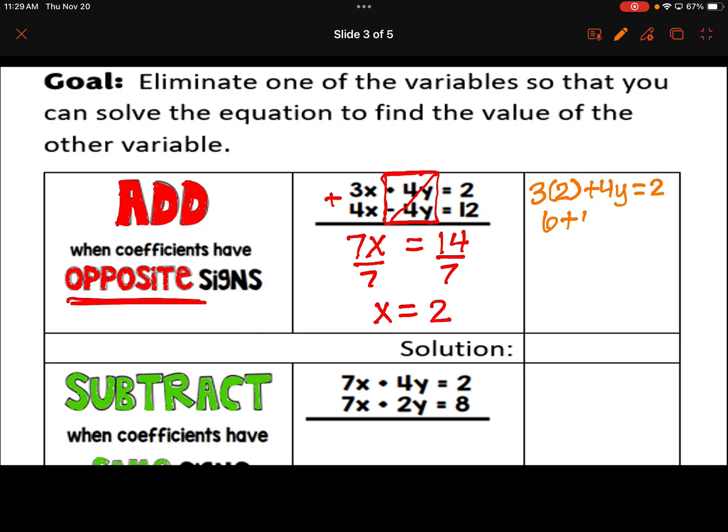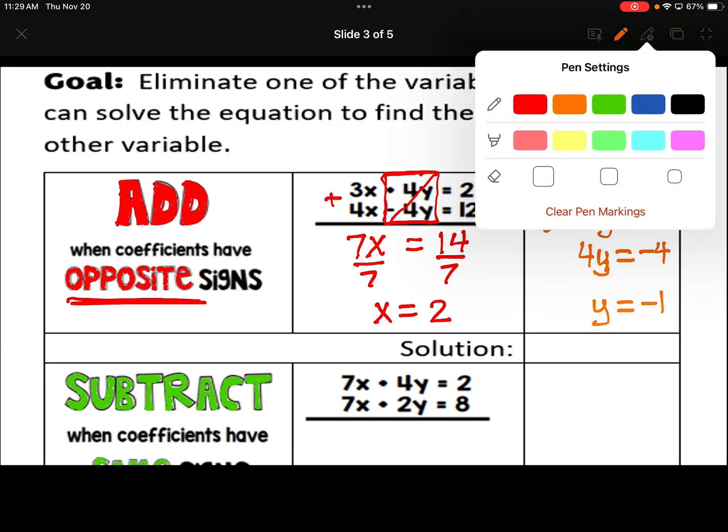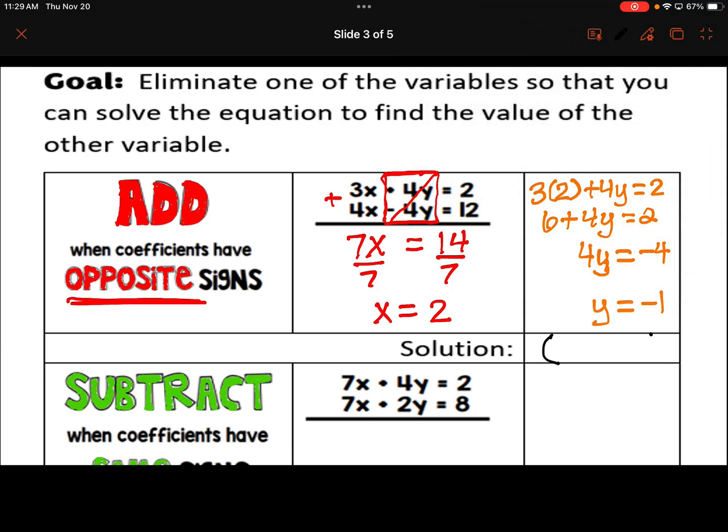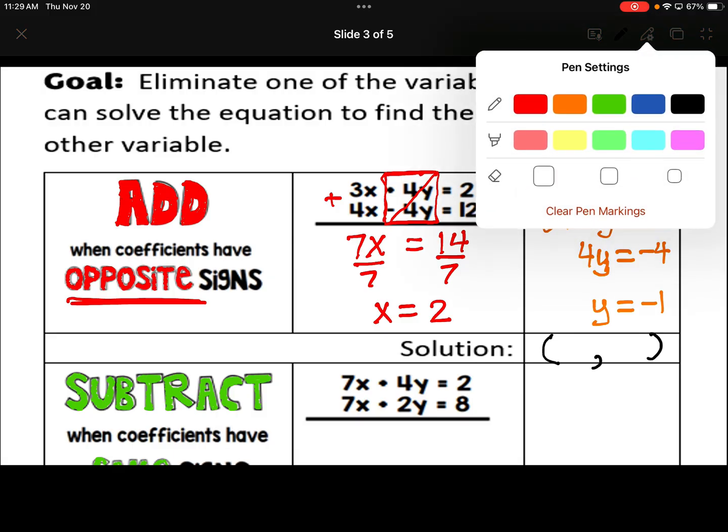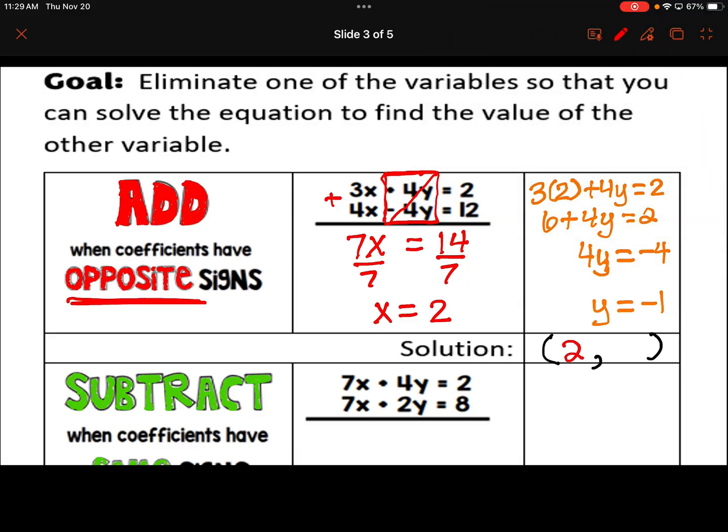So 6 plus 4y equals 2. 4y equals 2 minus 6, which is negative 4. Divide by 4, y equals negative 1. And now I have my solution. My x value is 2, and my y value is negative 1.